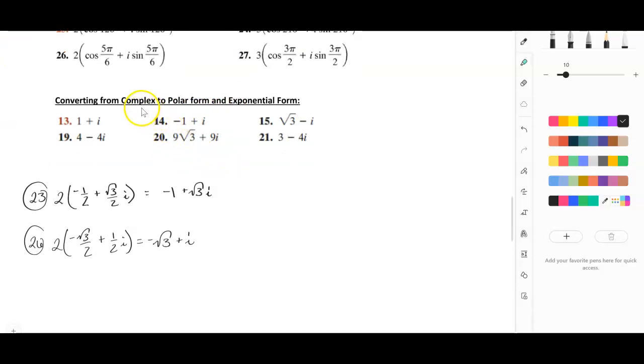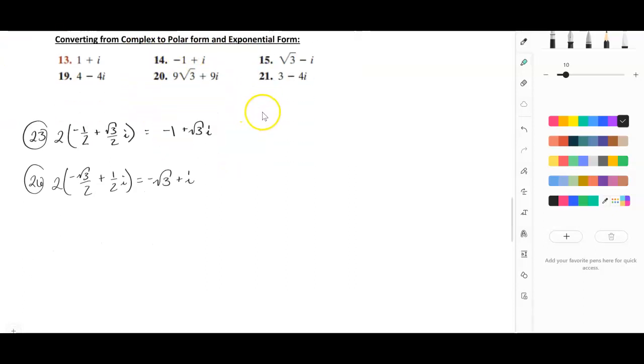So let's go the other way. Let's say we want to go from complex to polar form. That one takes a little bit more work. I like to start by drawing a picture of what's going on. I think it helps. So the first point is at 1 plus i, which is here. So this is 1 and this is 1. We need to figure out what our r is, which is the modulus of z.